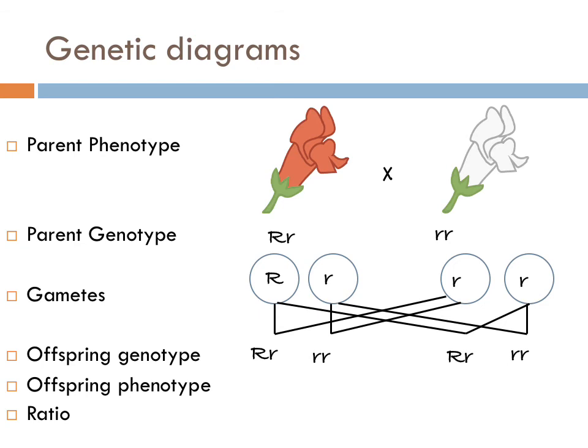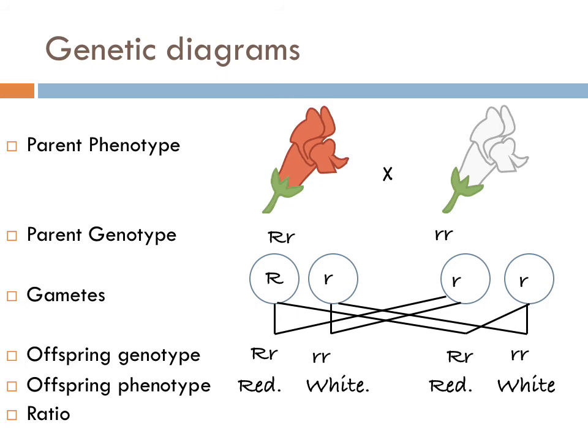Now, what would the phenotype be? We have differences now. We have some flowers that will be red and some flowers that will be white. We will have one red, one white, one red, one white. So what is our ratio? It is exactly 50%. Two chances of getting red and two chances of getting white.